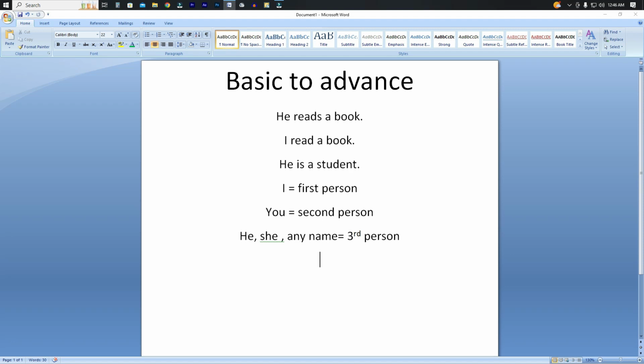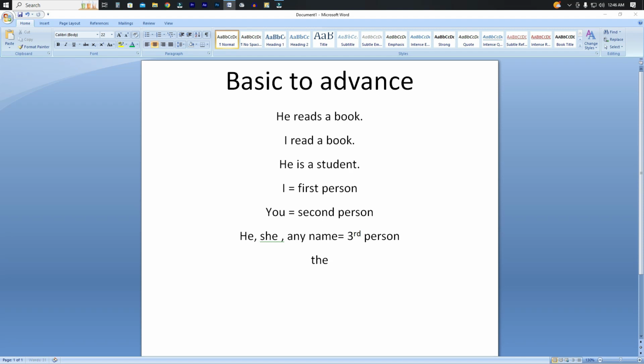I means one person here, so that is the single number. And he is one person here, she is one person here, those are single number. But the plural number has to be more than one person.